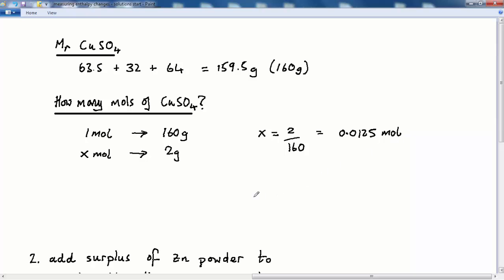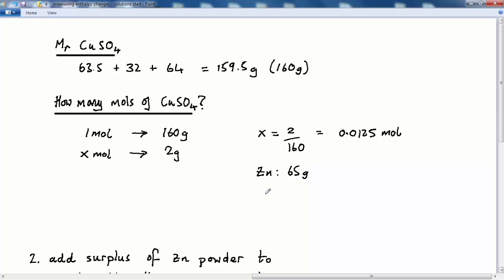What I want to make sure is that I add a greater number of moles of zinc powder to the solution. So I look at the periodic table and find that the relative atomic mass for zinc is 65 grams.